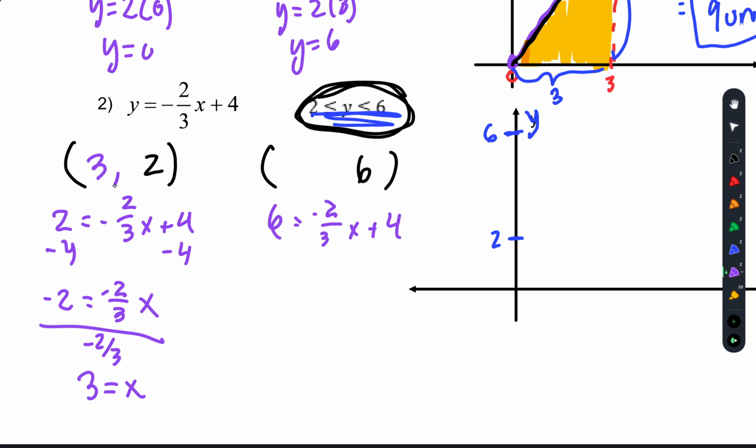That makes our first point 3, 2. And for our second point, again, we're going to have to divide by that -2/3, which is going to get us a -3 as our x. So we want -3, 6 as our second point.